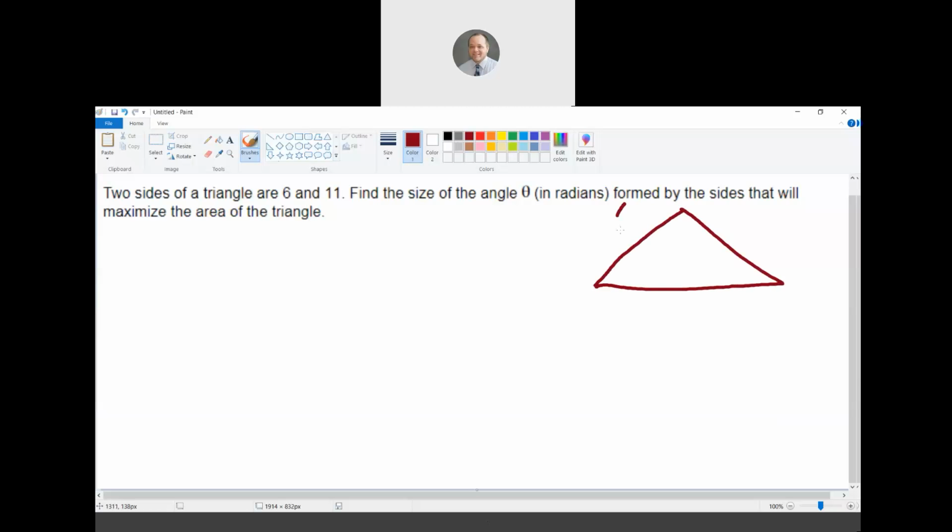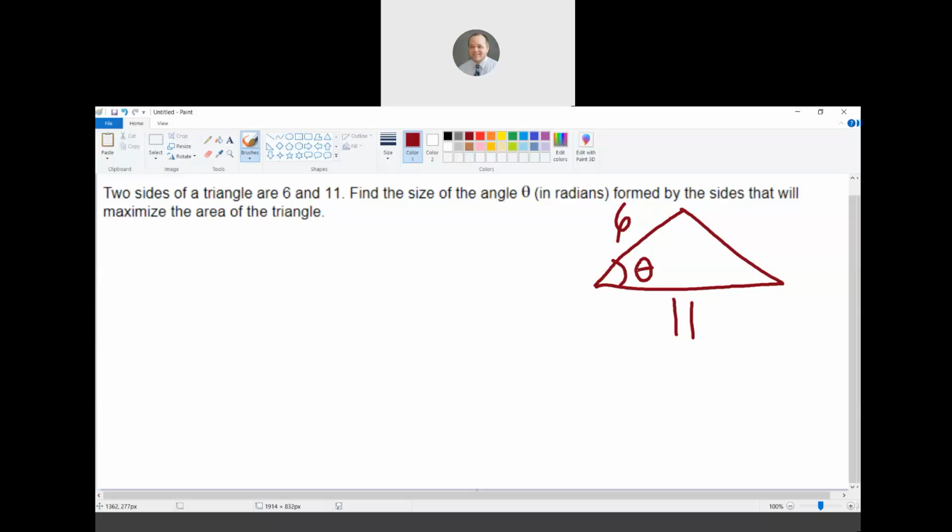So we have our two sides here, 6 and 11, and we got the angle theta in between them. The problem mentions area of the triangle, but we cannot use the traditional area formula for a triangle because we're not given a height.